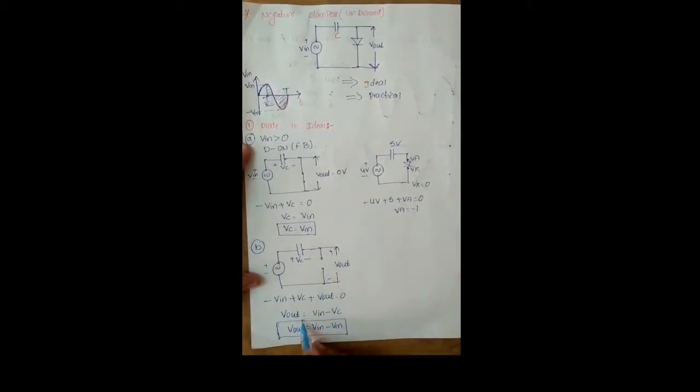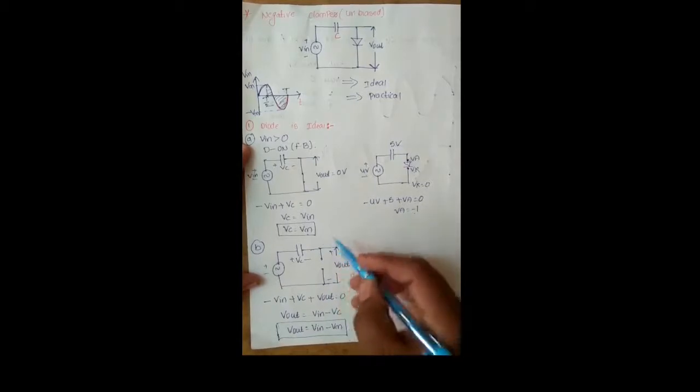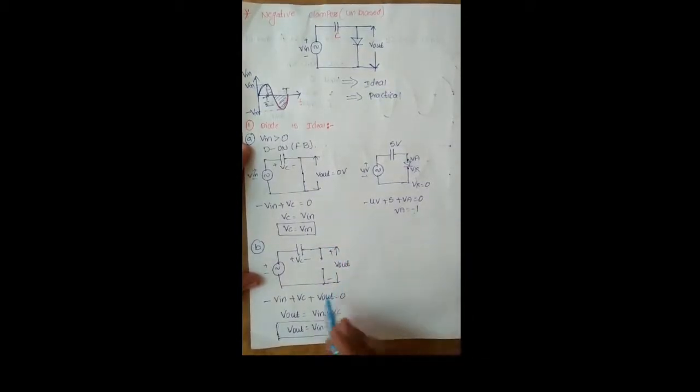We require the output voltage of this circuit. Therefore, Vout equals Vin minus Vc. And this capacitor initially stored the voltage equal to Vm. We substitute that value here, and we get Vout equals Vin minus Vm.